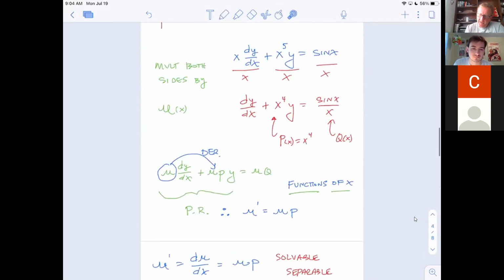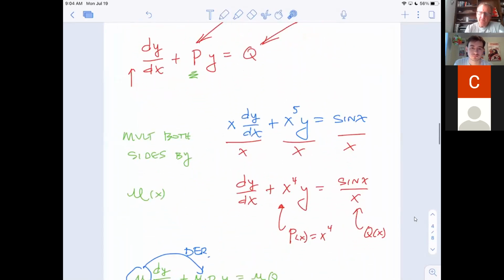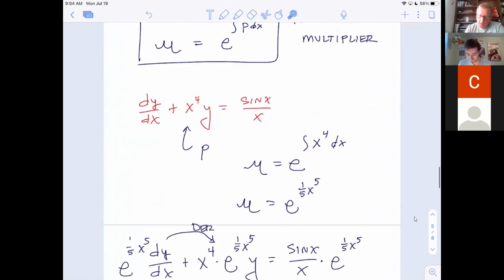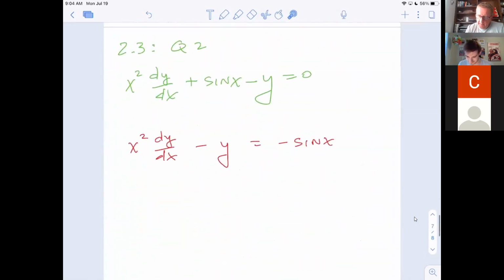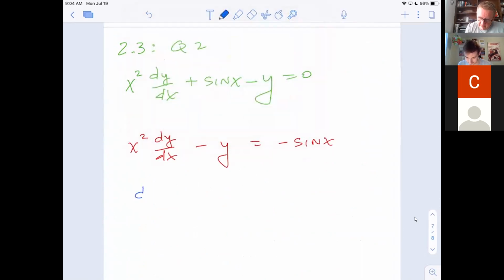What condition was this original equation in when we went mu hunting? There was nothing in front of the derivative dy. So before we go mu hunting, we've got to get rid of that x squared. So our next move is actually to divide by x squared.